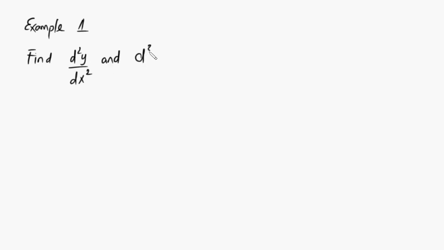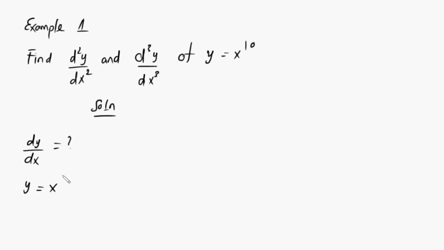Ukiona hiyo ni alama ya second derivative, wakati hii ni alama ya third derivative of y is equal to x power 10. So ili kupata second derivative kwanza lazima nipate derivative yenyewe. Okay, dy dx. So from y equals to x power 10, tushasoma sana kuderive vitu vyepesi kama hivi. It's just 10x power 9.